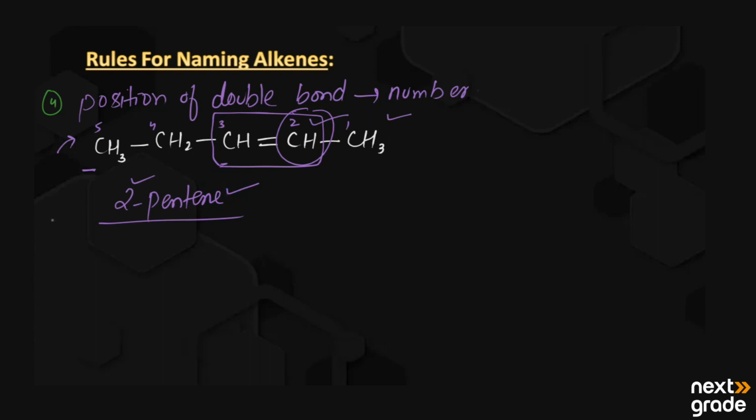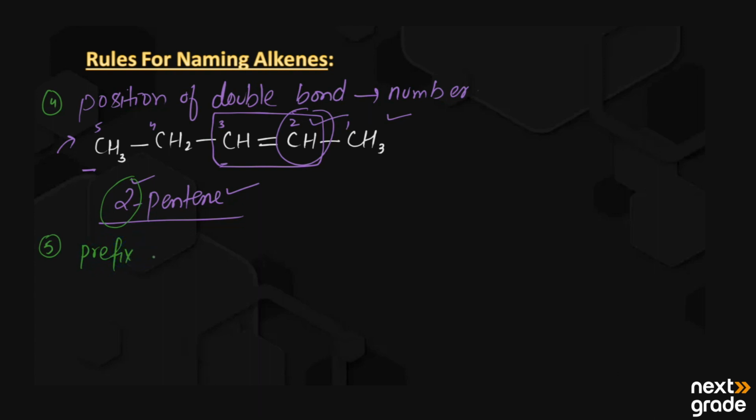After that, we have the fifth rule for the naming of the alkenes. The fifth rule is to designate the location of the double bond by using the first atom of the double bond. We will also add prefixes.